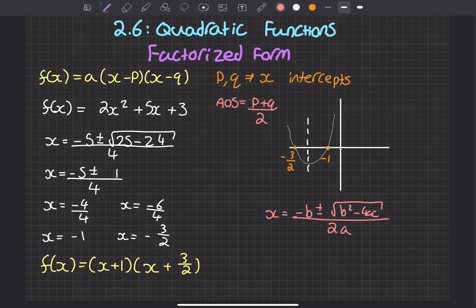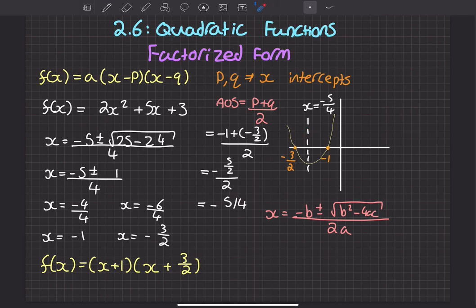So in this case, p is minus 1 plus minus 3 over 2, over 2, which would be minus 5 over 2 over 2, which is equal to minus 5 over 4. So x equals minus 5 over 4 is your axis of symmetry here.